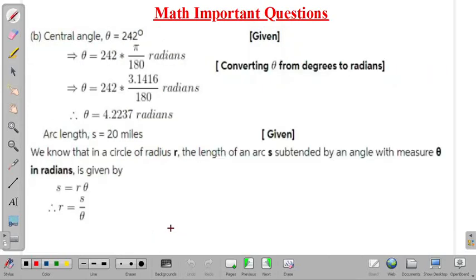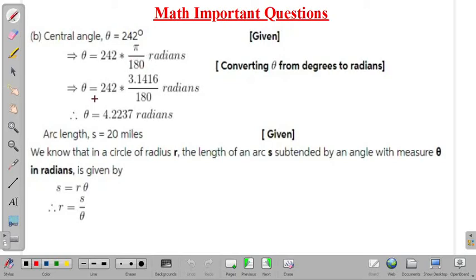In part B, central angle theta is given as 242 degree, but we know that theta must be in radian. So first we will convert 242 degree in terms of radian, and we know that pi radian is equal to 180 degree. So we will multiply by pi and divide by 180 to convert the given angle in radian.